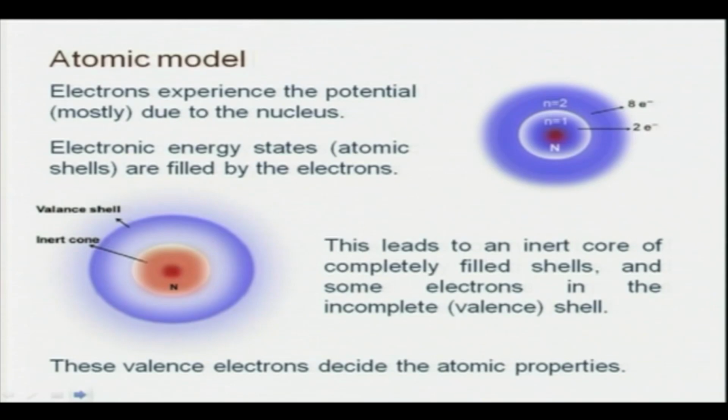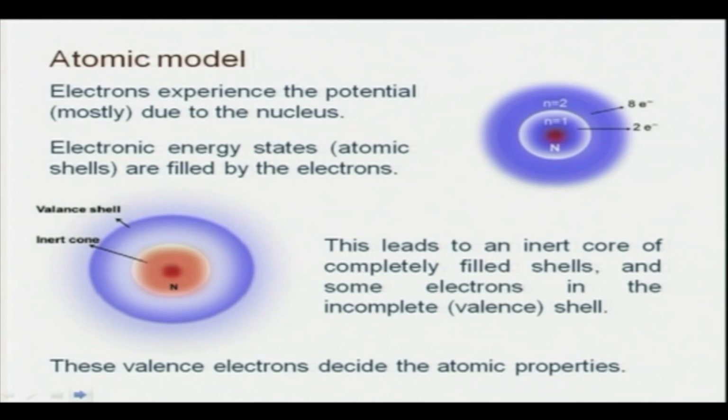So, in any atom, some of the shells are filled completely and there is another shell which is not filled completely. The shells which are completely filled are called the inert core, and the shell which is incompletely filled is the valence shell.